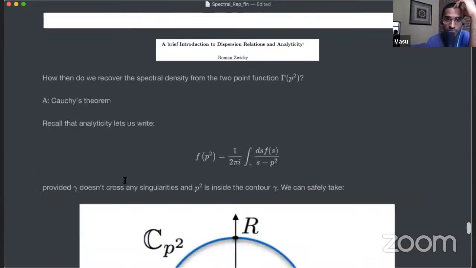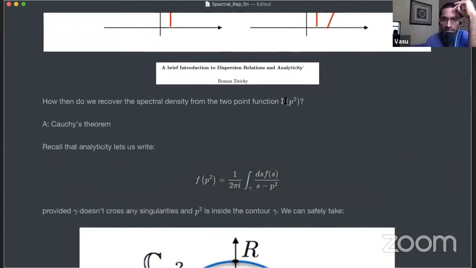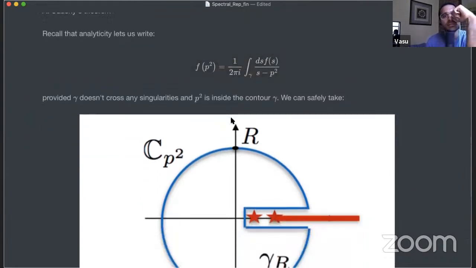Pretty cool, right? Now, if you were handed this function, if you were to do the experiments to compute these transition amplitudes somehow, that means you have knowledge of this object. How would you recover the spectral density? The answer is by being clever and using Cauchy's theorem. So we'll go back to our exercise of writing f of p squared, if f is an analytic function with just a simple pole, in the following way.